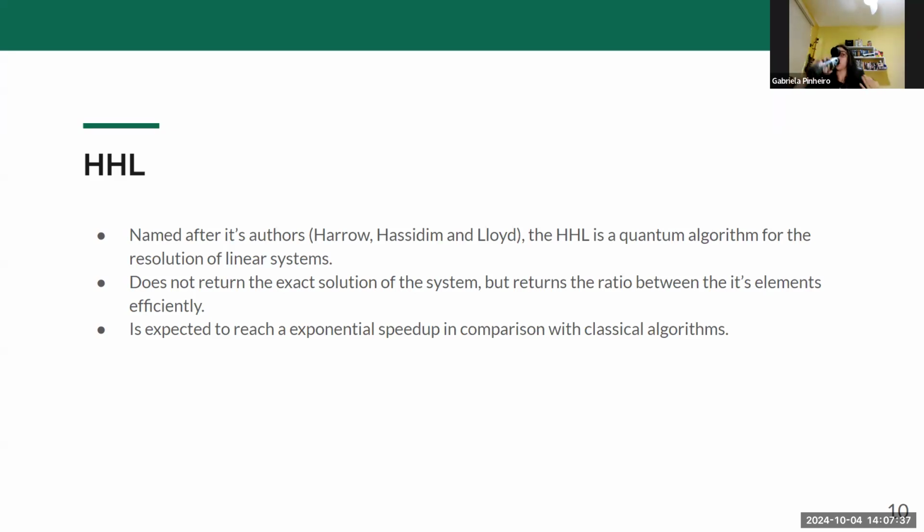This algorithm is expected to reach exponential speedup in comparison to classical algorithms, but we are still not able to build circuits that reach the exponential speedup yet. One of the open problems with the HHL is to build a circuit that manages to achieve the exponential speedup.